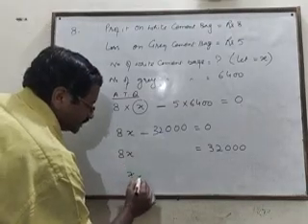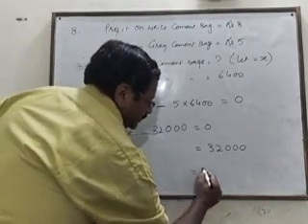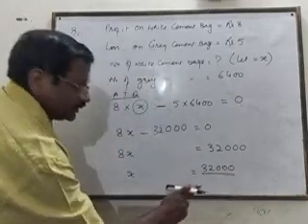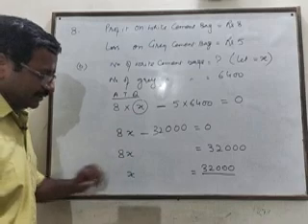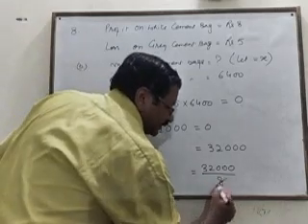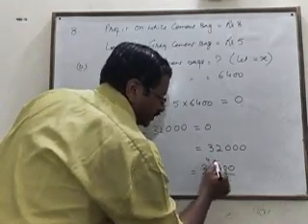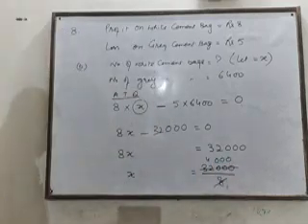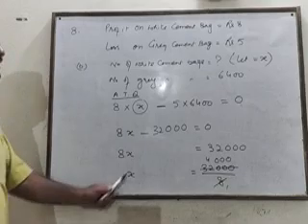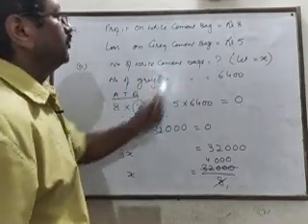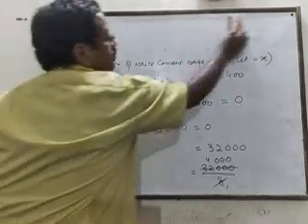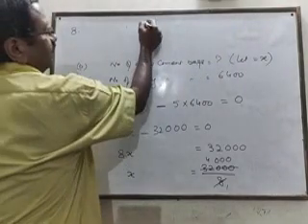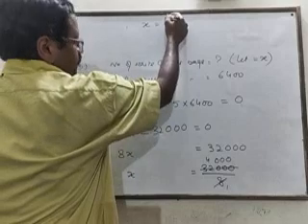And to find x, it will be 32,000 divided by 8, because 8 is multiplying here, it will go in the division. 8 1s are 8, 8 4s are 32, 0 0 0. So x is 4,000. So x is nothing but the number of white cement bags. So x equal to 4,000.